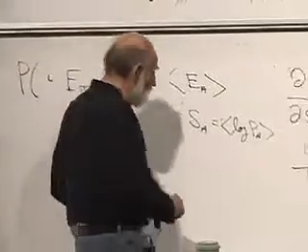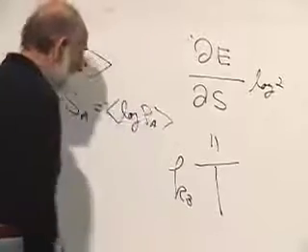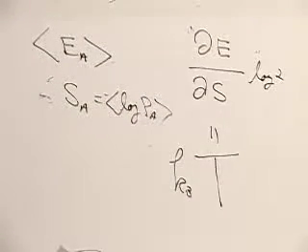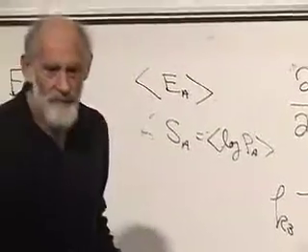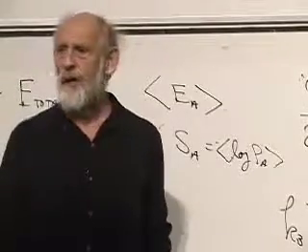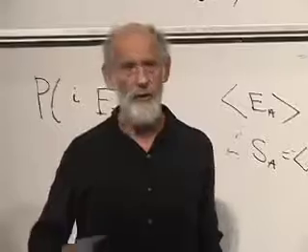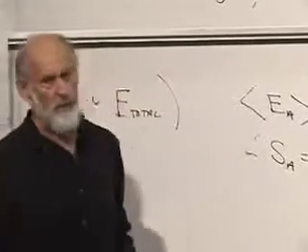The answer is, strictly speaking, Boltzmann's constant, k_B, goes here. I'm inclined to work in units, just like when I do relativity, I work in units in which c is equal to 1. When I do thermodynamics and statistical mechanics, I always work in units in which the Boltzmann constant is equal to 1.